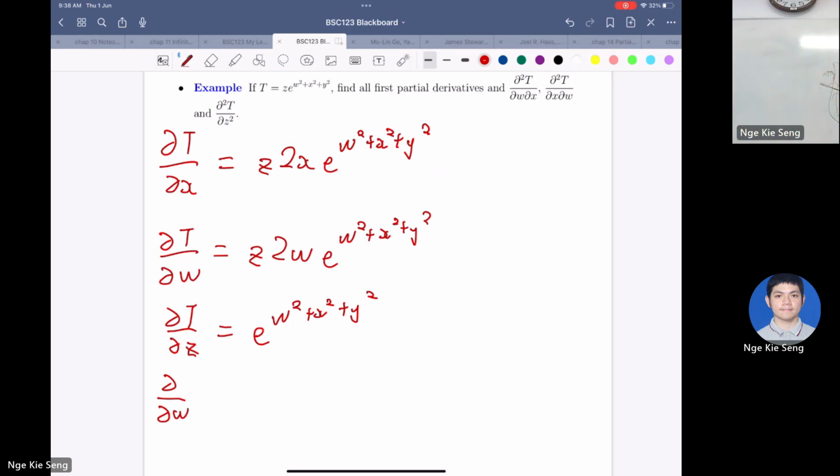Okay. So how about differentiating tx with respect to w?